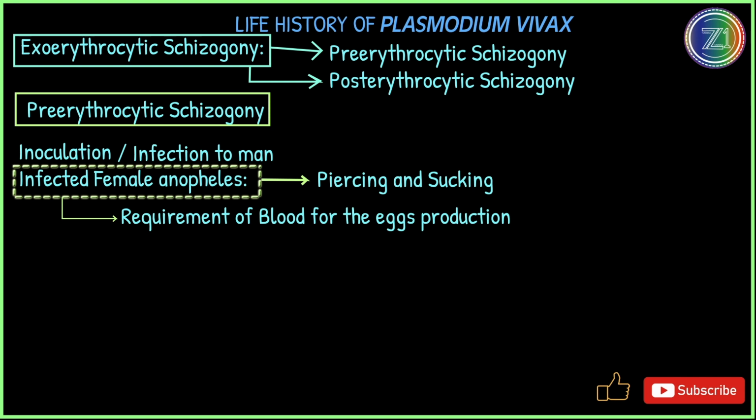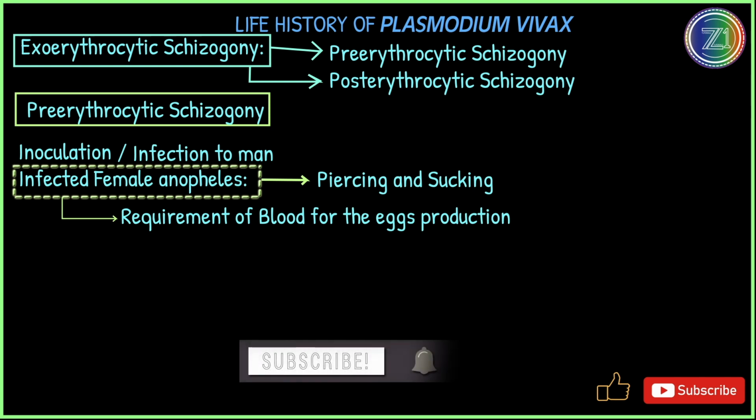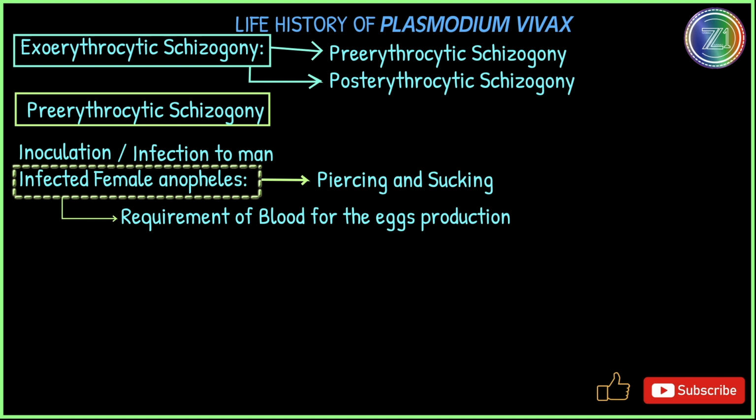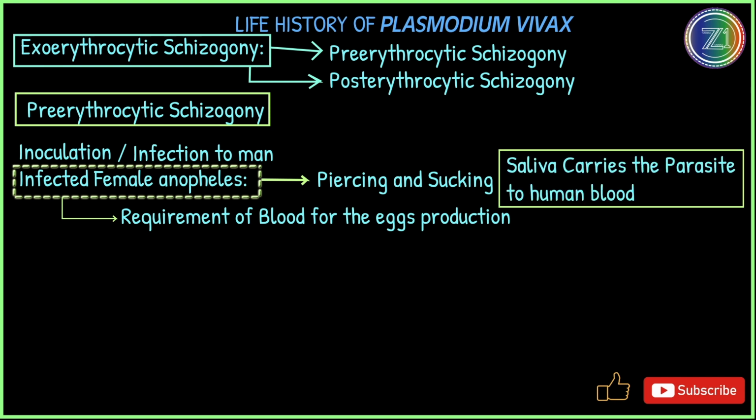If that female Anopheles is infected, the parasites enter into the blood of the human at the same time. If it is not infected, the life history is not going to continue. So the saliva carries the parasites to human blood, but the condition is that the Anopheles must be infected.